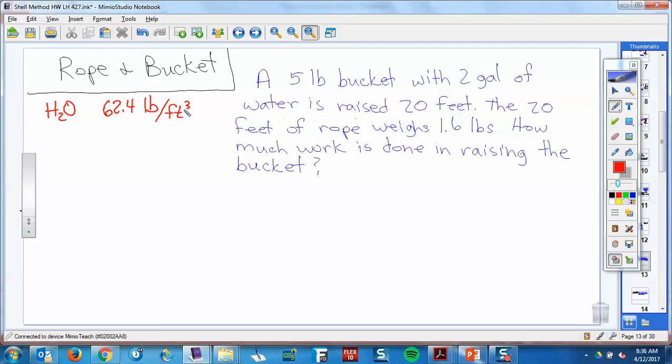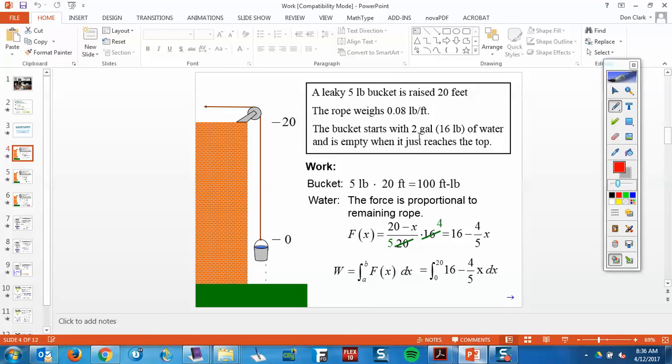But that's cubic, that's not a gallon. Let's see what they say on this PowerPoint. I think they do gallons? 8 pounds to a gallon.